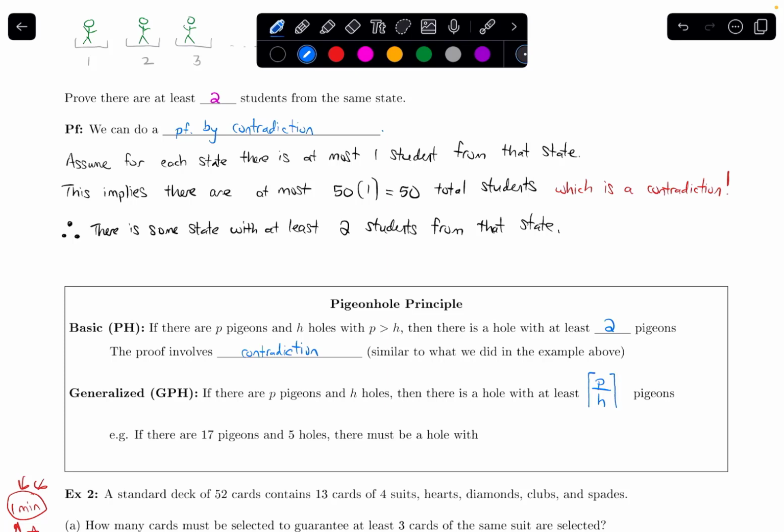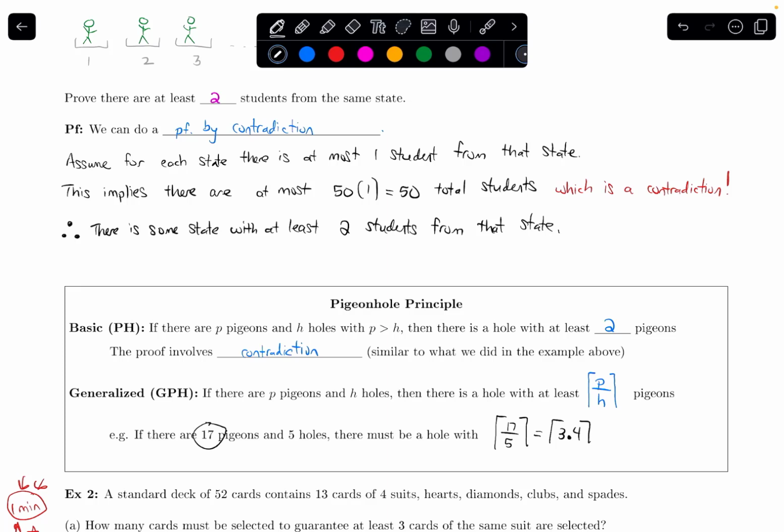For example, if I had 17 pigeons and 5 holes to place them into, there would have to be a hole with the ceiling of 17 divided by 5. Because 17 divided by 5 is 3.4, and I have to ceiling that because, for example, if I had 15 pigeons and 5 holes, well, I could place 3 into each hole, and that would be totally fine.